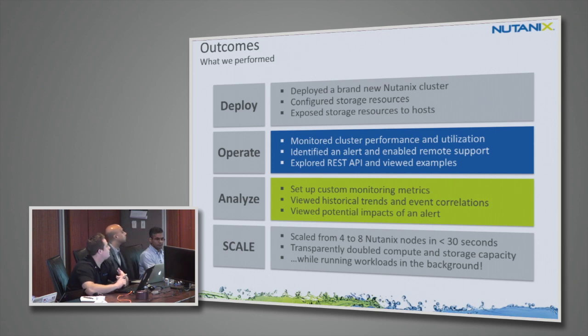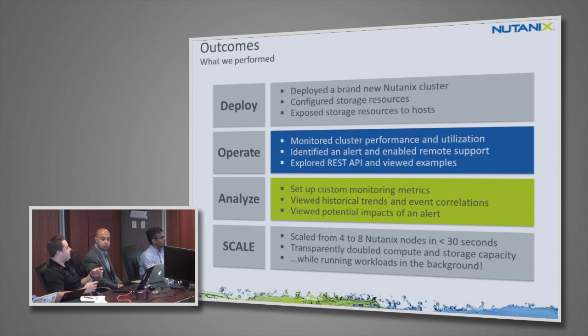We took a look at cluster performance and utilization, as well as did some alert impact analysis using the alerting and analysis framework. And then also took a look at the REST API. The REST API, I think, is one thing that'll be very important, especially with people really leveraging a lot of automation or orchestration environments. Essentially, what I can do is, as part of my overall workflow, hook into the Nutanix REST API and do what I need to do.